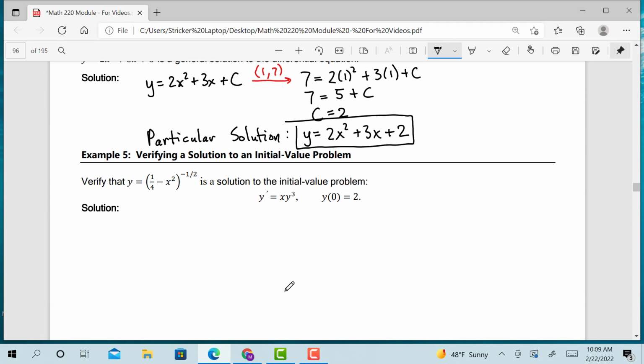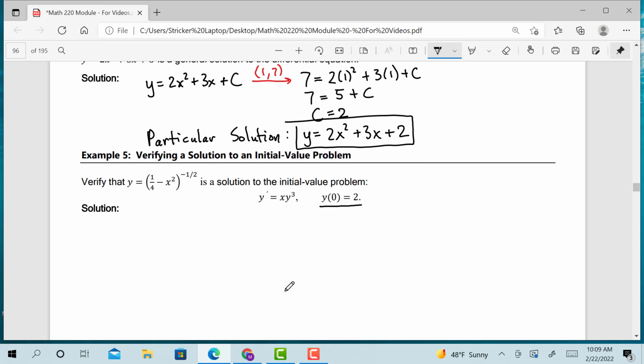Let's get into example 5, which talks about how to verify that we have a solution to an initial value problem. It says, verify that y equals (1/4 minus x squared) to the negative 1/2 power is a solution to the initial value problem y prime equals xy cubed, where y of 0 equals 2.